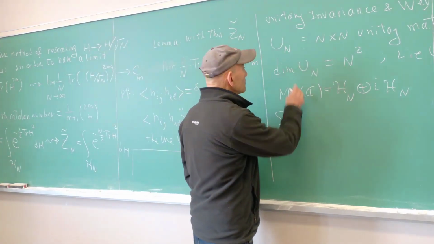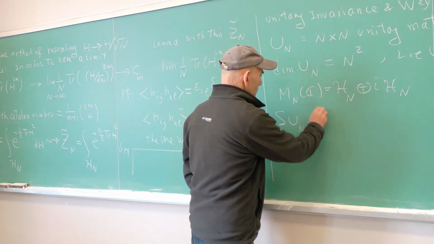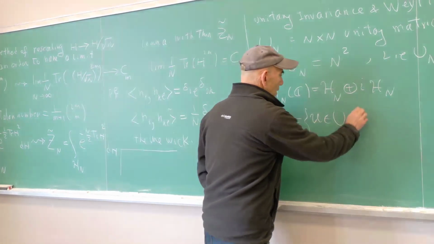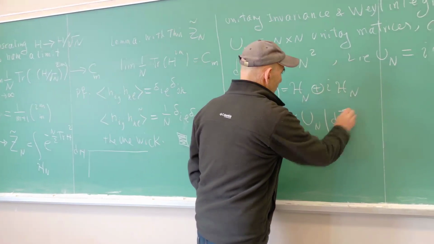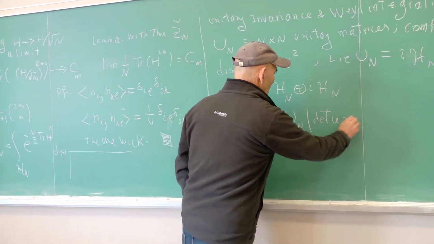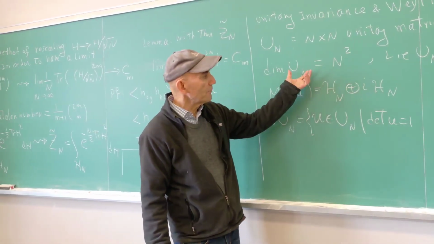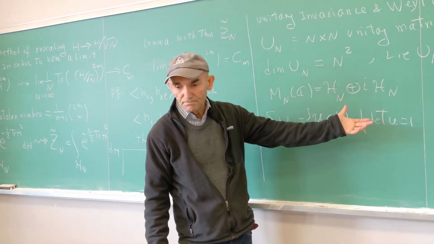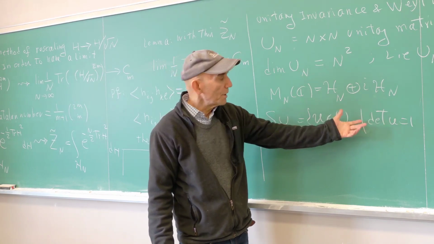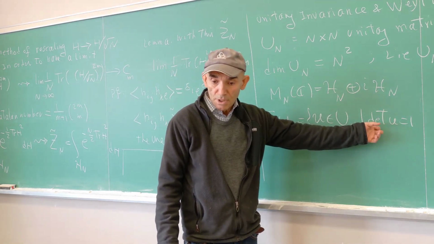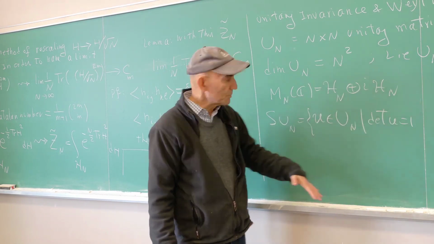So this is SU(n): U belonging to U(n) such that the determinant of U is equal to 1. Because we know that in general, the absolute value of the determinant of any U(n) element is 1. Here we want it to be equal to 1, so the dimension is reduced by 1.